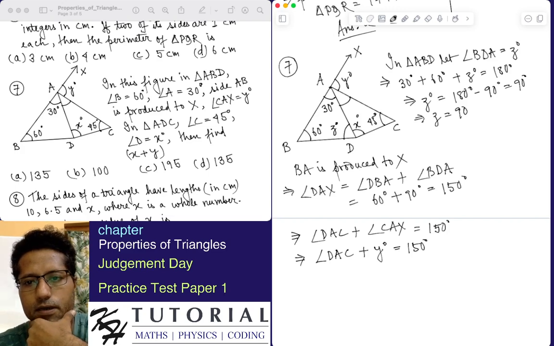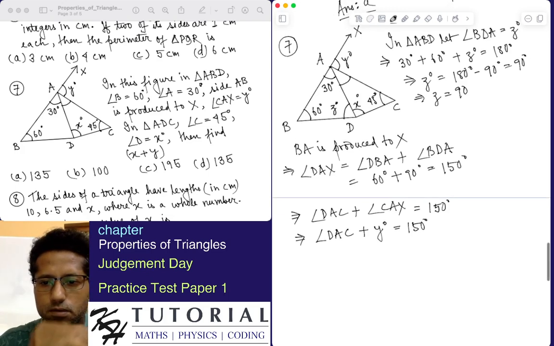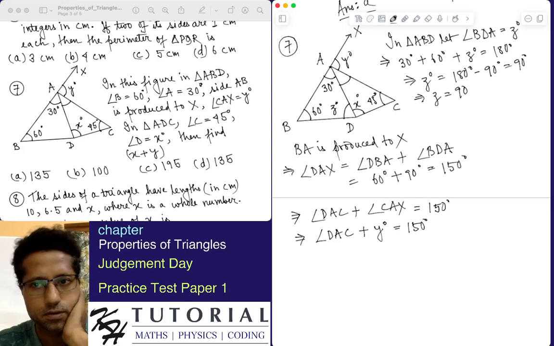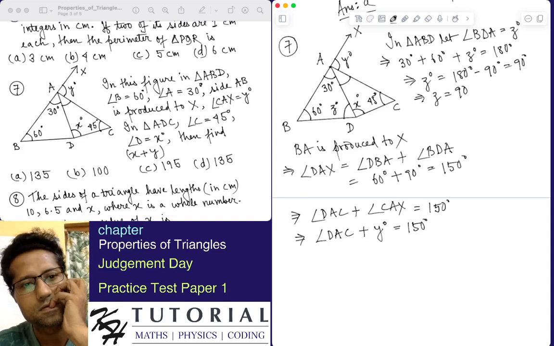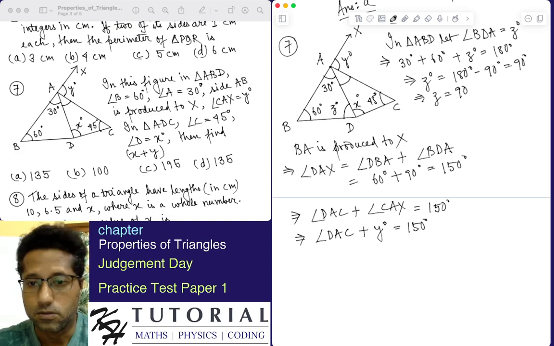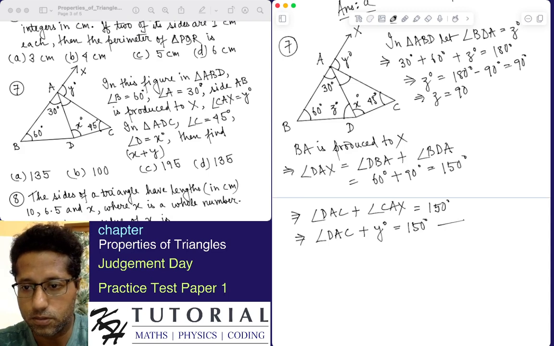So we have angle DAC plus Y degree equals 150. We do not know Y. Let this be equation 1.